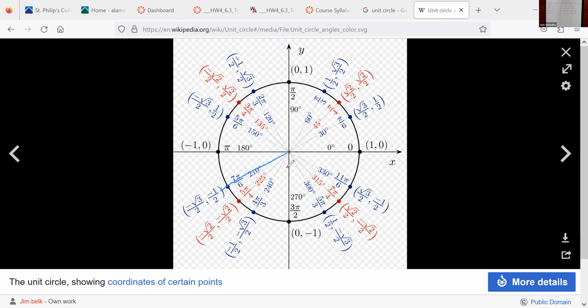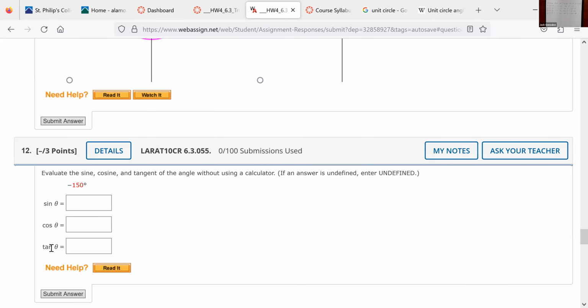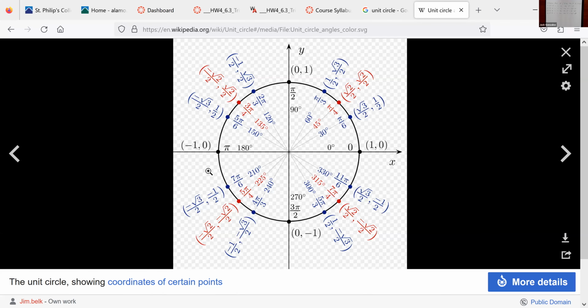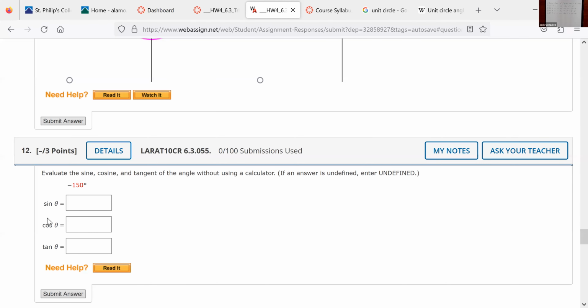So all you have to do is plug 210 into sine, cosine, and tangent, or use the values of x and y right here for sine, cosine, tangent, and you'll be good. That'll give you the solutions to this question.